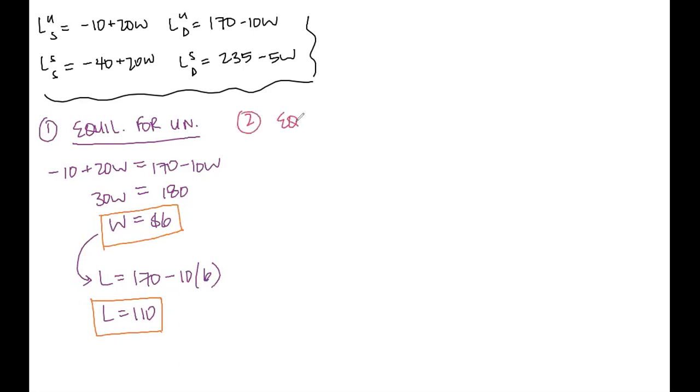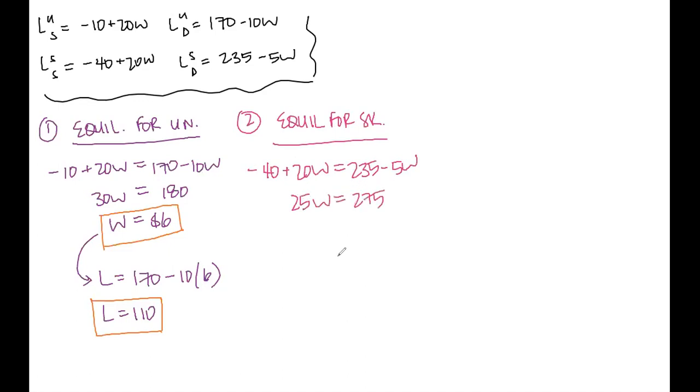Moving on to 2, it was equilibrium for skilled workers. And this is going to be the second row. So negative 40 plus 20W equals 235 minus 5W. So this becomes 25W equals 275, and then dividing by 25, we get a wage of $11. I'm plugging it back into either one.